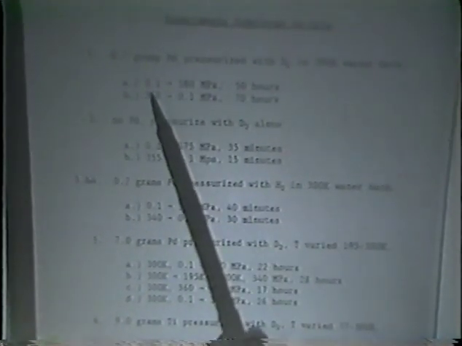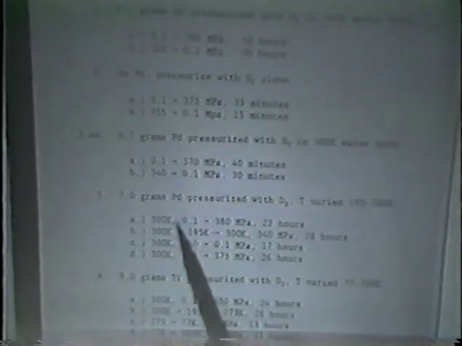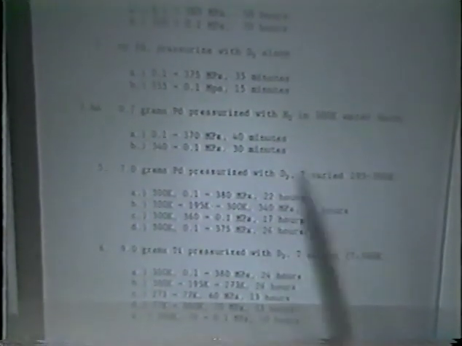We first took the palladium up to 380 megapascals, let that sit for 50 hours, and then pumped away the deuterium and let that experiment sit for another 70 hours. And I'll discuss the reason for these control experiments in a minute.